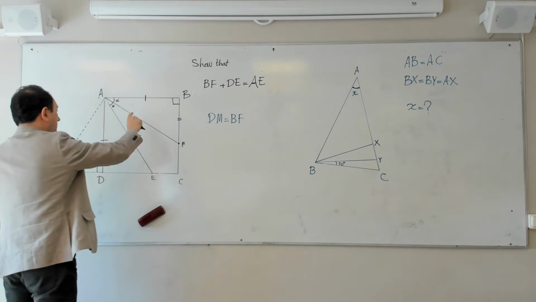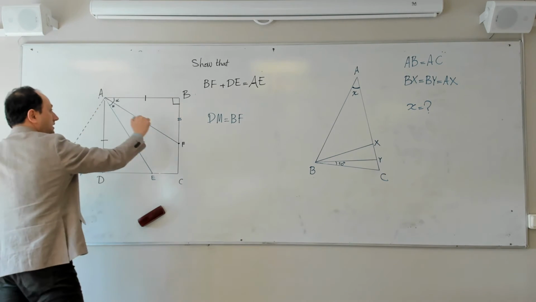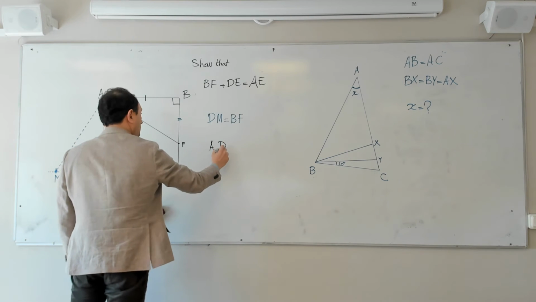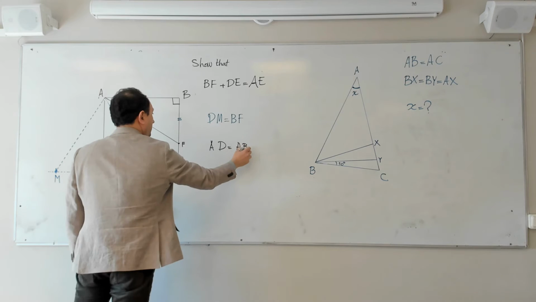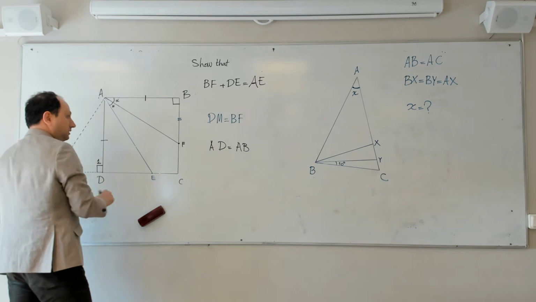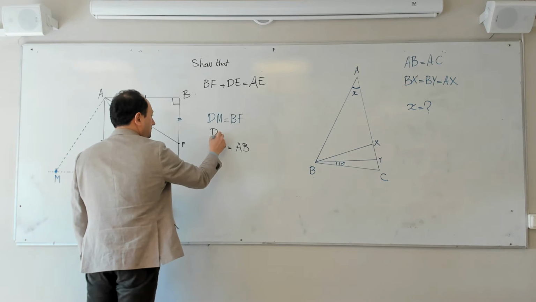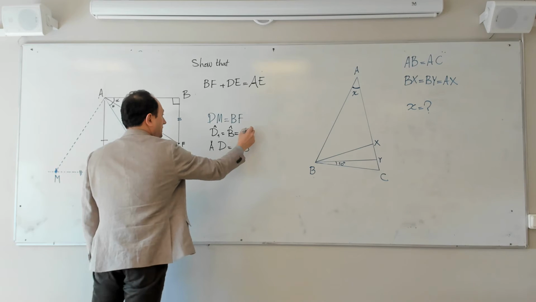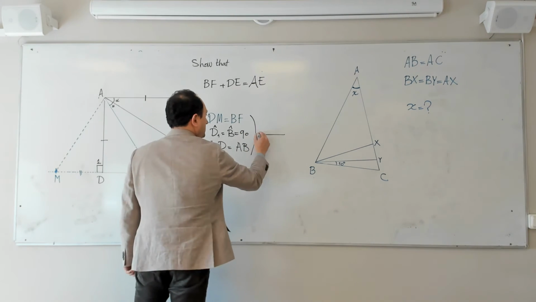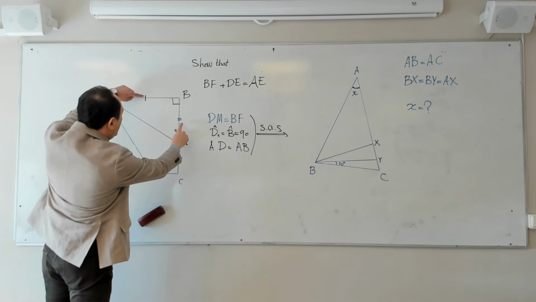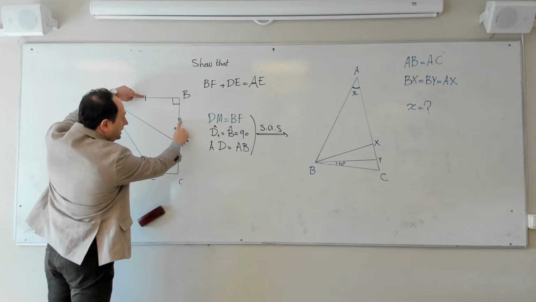So let me write it down patiently. So here, let me add AD is equal to AB, and let me write angle, for example, let me call it angle D1, not to get confused. So angle D1 is equal to angle B is equal to 90, exactly, based on side, angle, side, and you see that these are two sides, and this is the angle between these two sides.